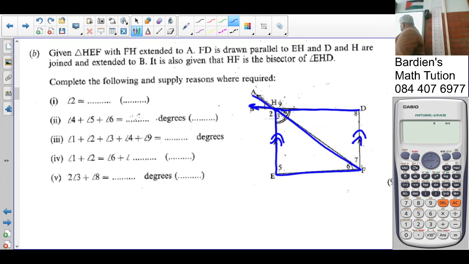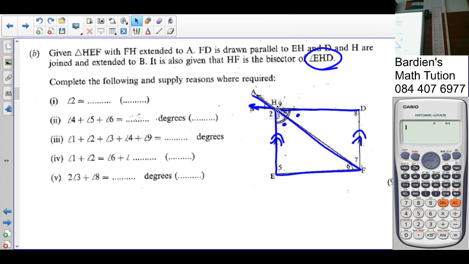So we are told that HF is a bisector of EHD, which means that this angle here is equal to that angle. That's what bisector means, cutting in half. Complete the following and supply reasons where required.